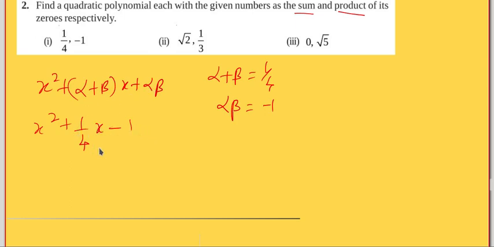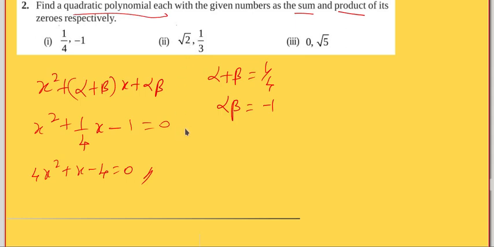These are the sum of the zeros and product of the zeros. Now 4 is in the denominator, so we should take the LCM. So 4x square plus x minus 4 equals 0. This is the polynomial. So we have to find the quadratic polynomial for the given sum of the zeros and the product of the zeros.